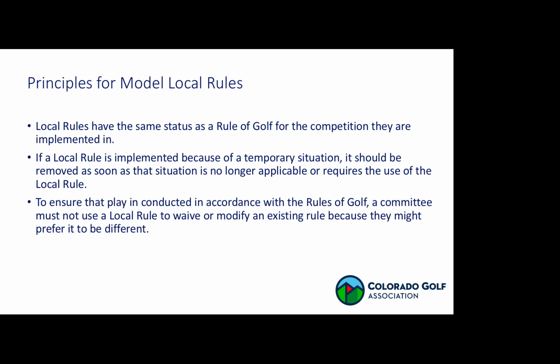As soon as that situation no longer applies, or what we were trying to accomplish with that local rule doesn't exist anymore, or the situation has been rectified, it's best just to take that local rule out. So if we're only putting it in for a temporary situation, put it in for that situation, and as soon as that situation is gone or doesn't apply anymore, get rid of the local rule. You don't really need it anymore.